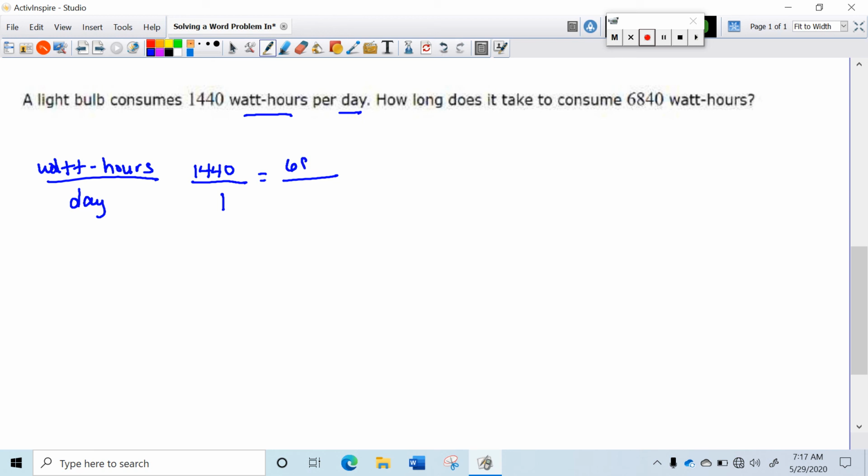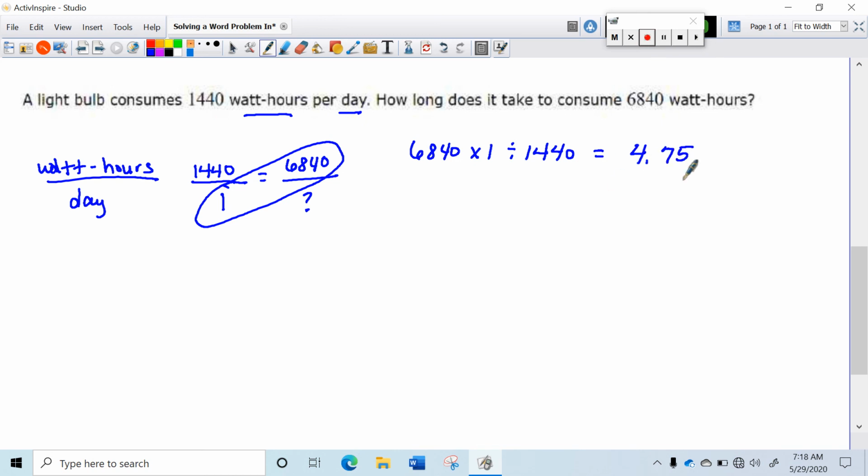The hours are going on the top. And we don't know this one. Okay, so 6,840 times 1 divided by 1440 is 4.75. Okay, that's 4.75 days.